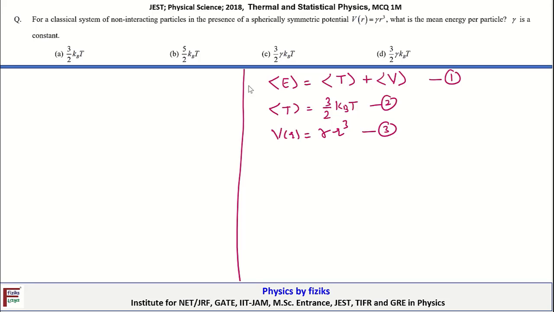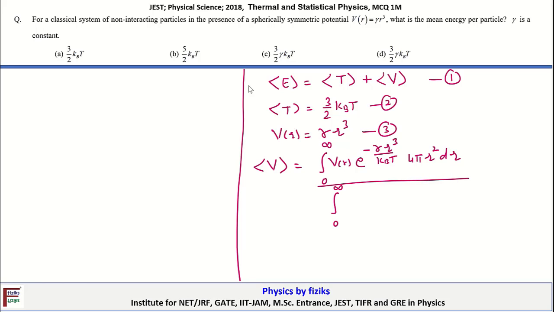So the average value of the potential energy V is the integral from 0 to infinity of V(r) times exponential of minus beta V(r), that is exponential of minus gamma r cubed upon kBT, times dV, where I write dV as 4 pi r squared dr, divided by the integral from 0 to infinity of exponential minus gamma r cubed upon kBT times 4 pi r squared dr.